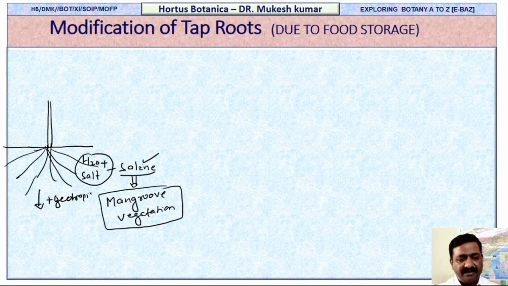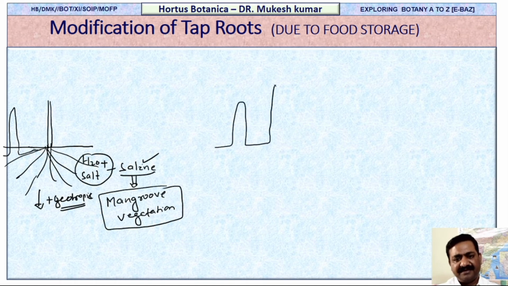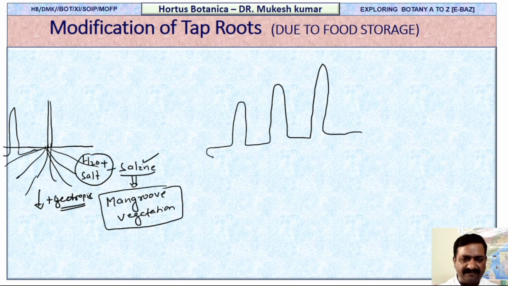But what we find here is that this very root is coming up. Such types of conditions were found, like this.